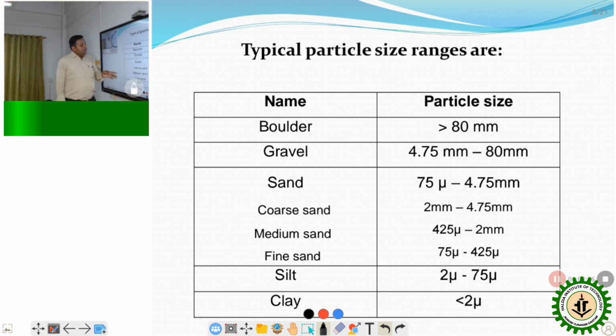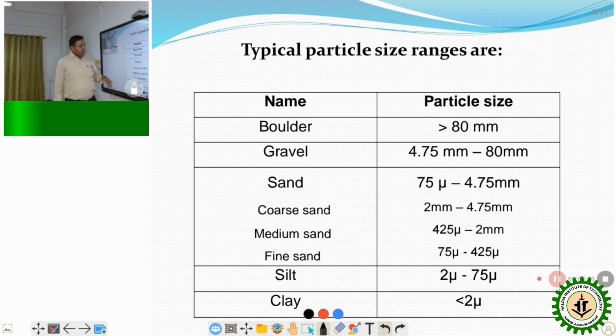Next comes sand, which has a particle size from 75 micron to 4.75 mm. Then silt has a particle size from 2 micron to 75 micron, and clay has the finest particle size, which is less than 2 micron. You know, 1 micron is equal to 10 to the power minus 3 millimeter.